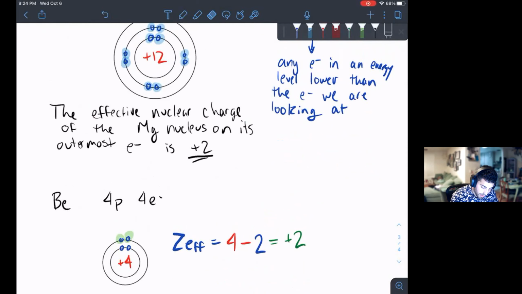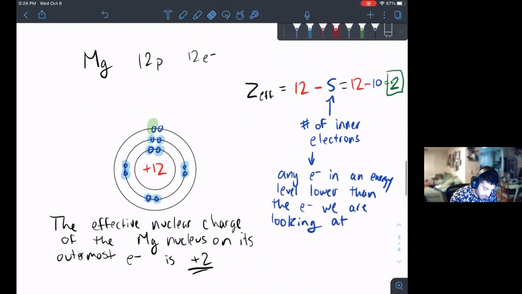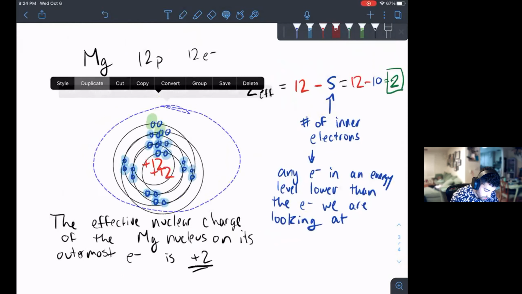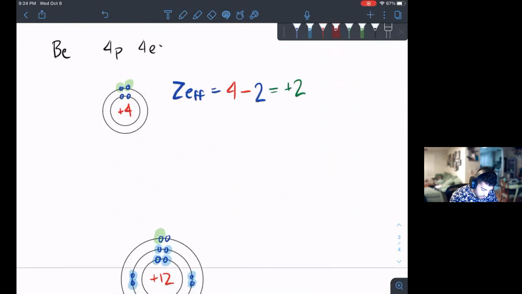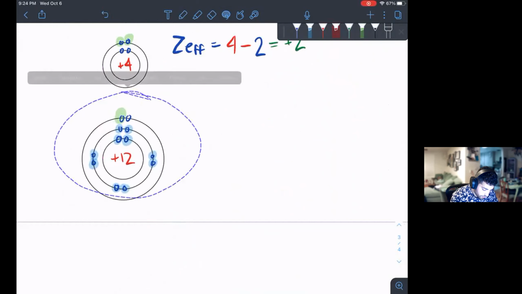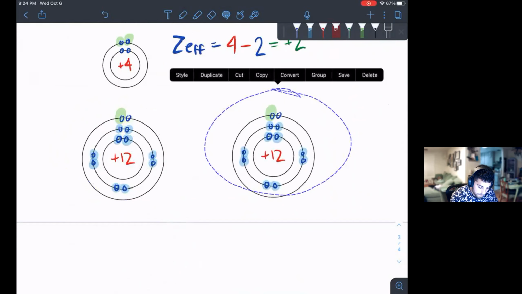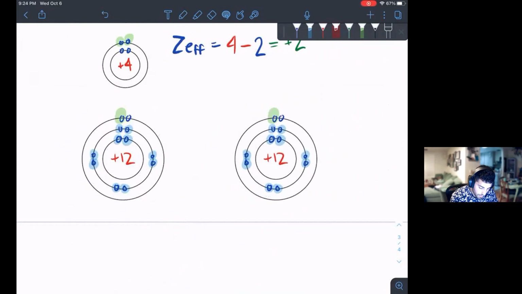Let me go ahead and duplicate our magnesium atom once more. And I'm actually going to duplicate it again, because this time I'm going to take away the outer stuff that makes this magnesium.